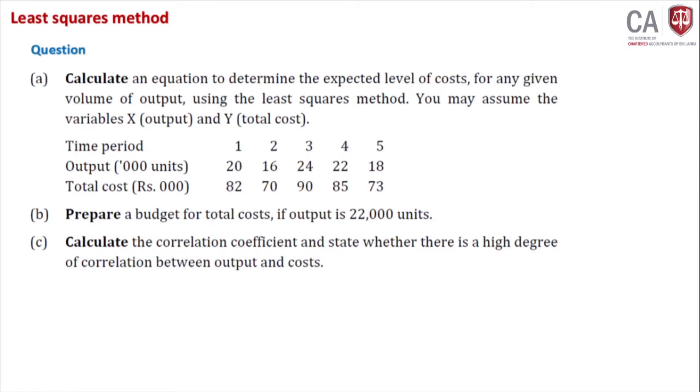Let me erase this. Once you draw that formula, it's a matter of applying numbers. From that you can find out the correlation coefficient, right? Thereafter we can see what kind of relationship there is between output and the cost.